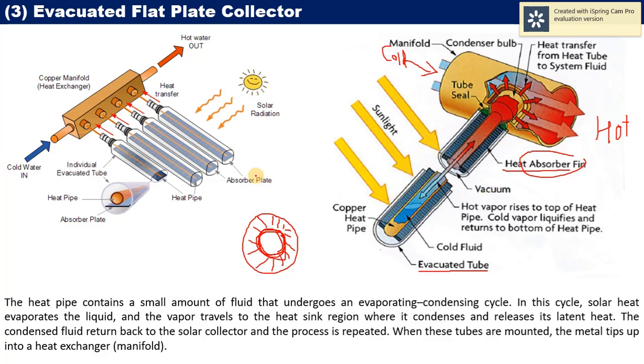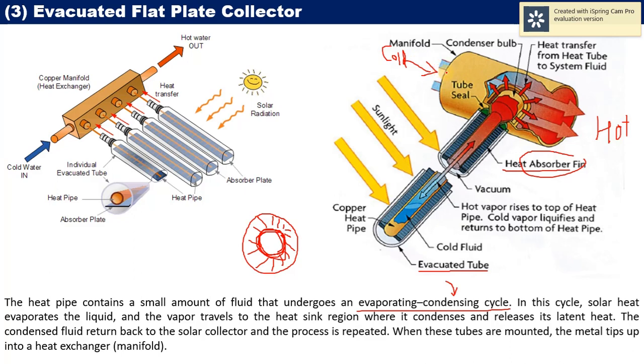This type of tube works on the evaporating and condensing cycle. Evaporating means whatever fluid is inside the heat pipe gets evaporated by absorbing energy from the sunlight. When it reaches the top end of the heat pipe, which we call the condensing section, it condenses, that means it releases its heat to the fluid flowing through the manifold.